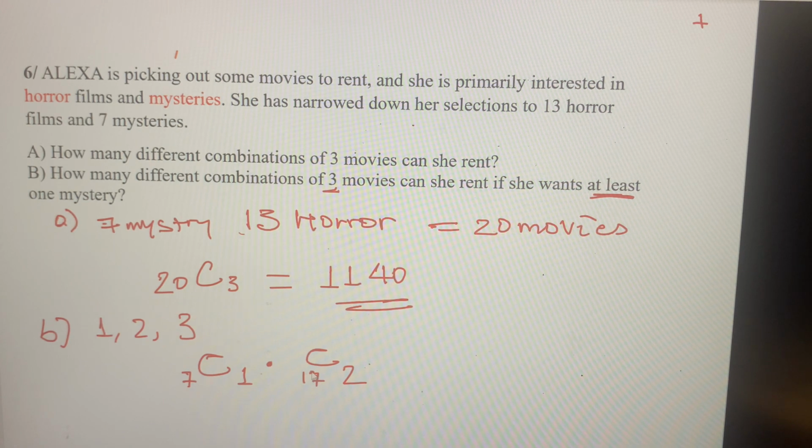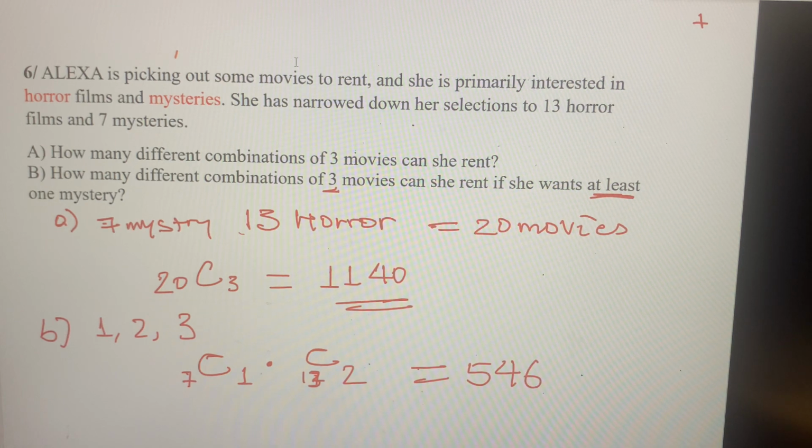Sorry, this should be 13 because we have only 13. 13 and 7 is 20 movies, and 1 and 2 is 3 because she wants only 3. If you calculate this, you get 546 combinations.